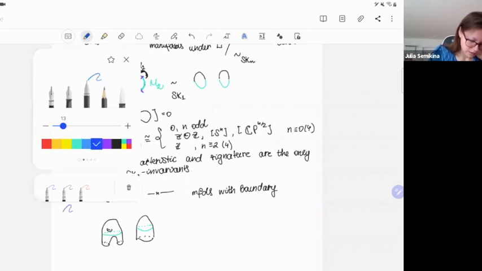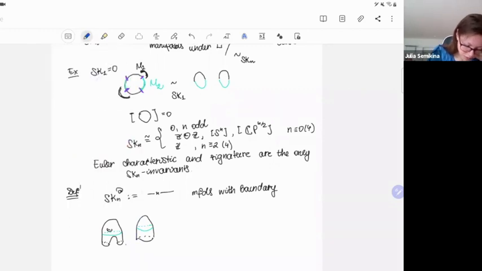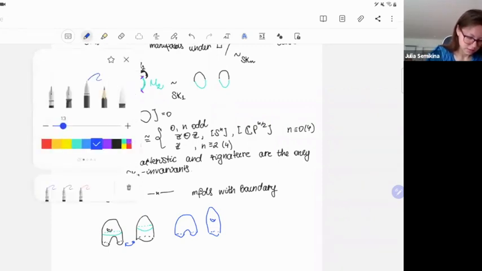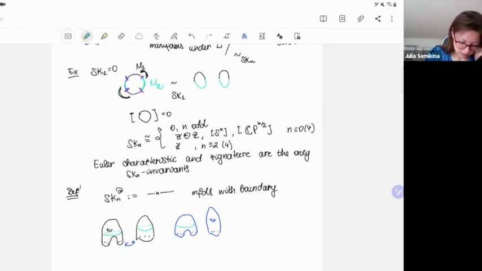And swap in some sense these two lower pieces, and we will get a new one that will look like a torus and a cylinder. And this is where our cuts were. And these two are SK_n boundary equivalent.